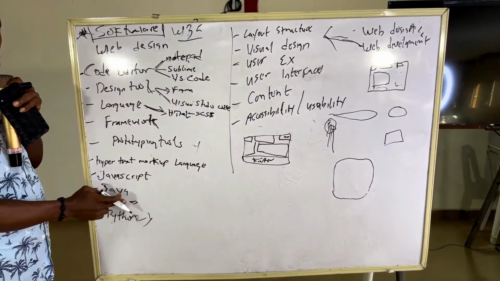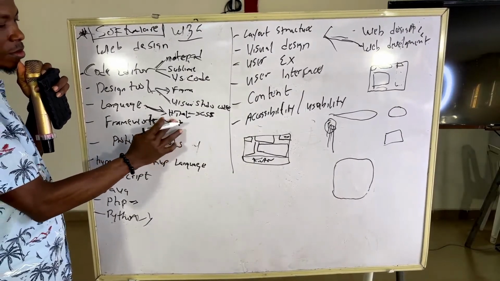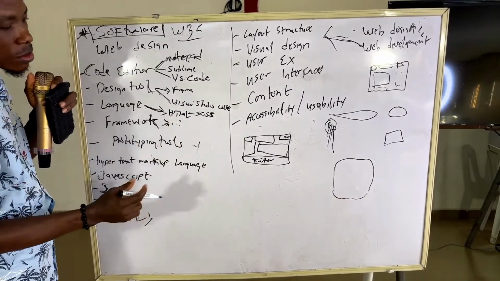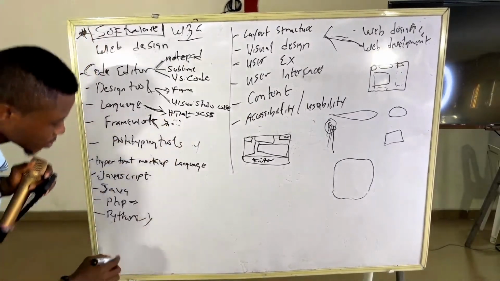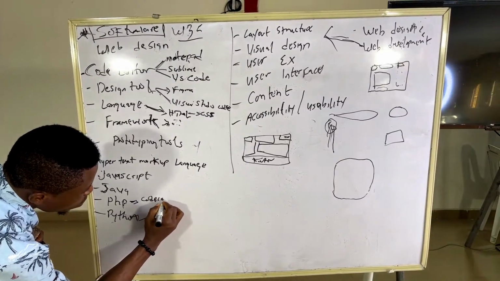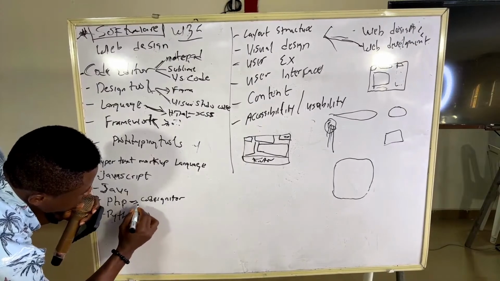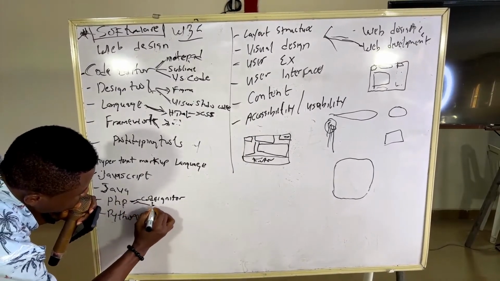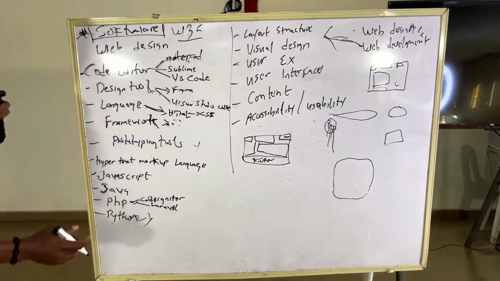For PHP, for example, we have two notable frameworks: CodeIgniter, don't mind my handwriting, and Laravel.